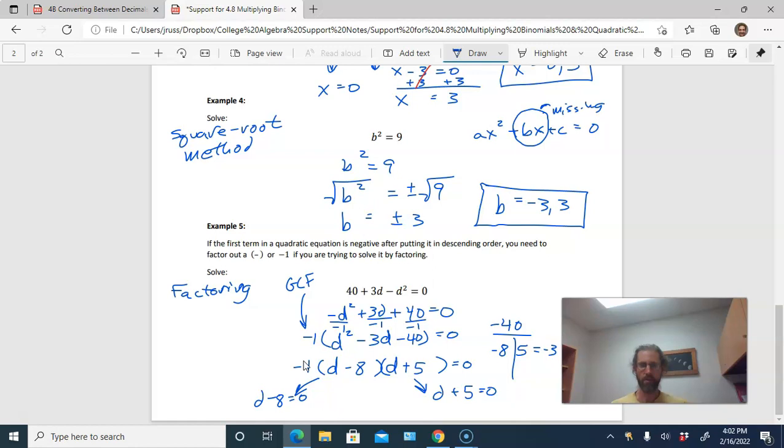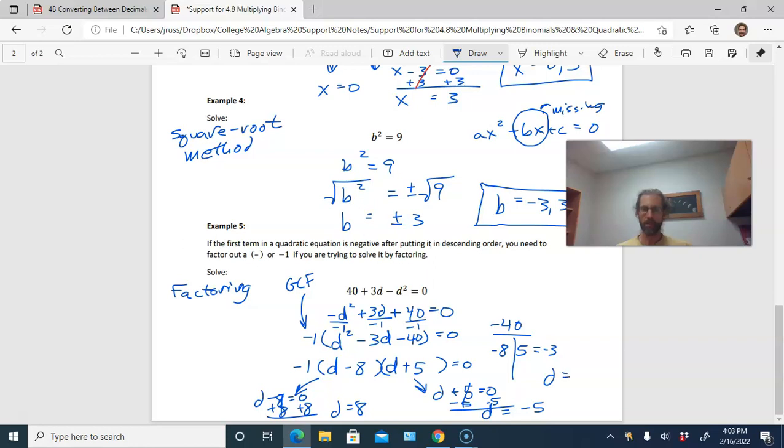Okay, and then we solve each of these for d. So if we do that, we're going to get d is equal to 8. And then over here we'll subtract 5. So we'll get d is equal to -5. So those would be our two solutions.